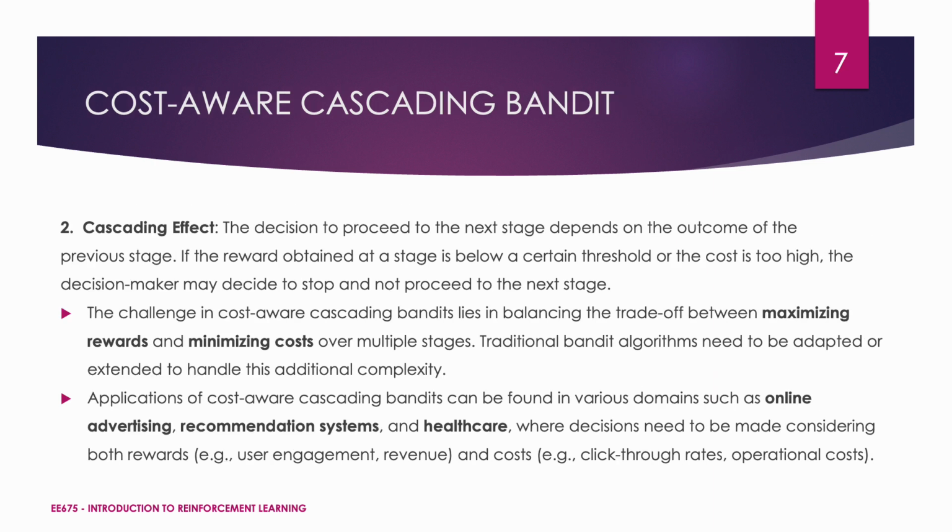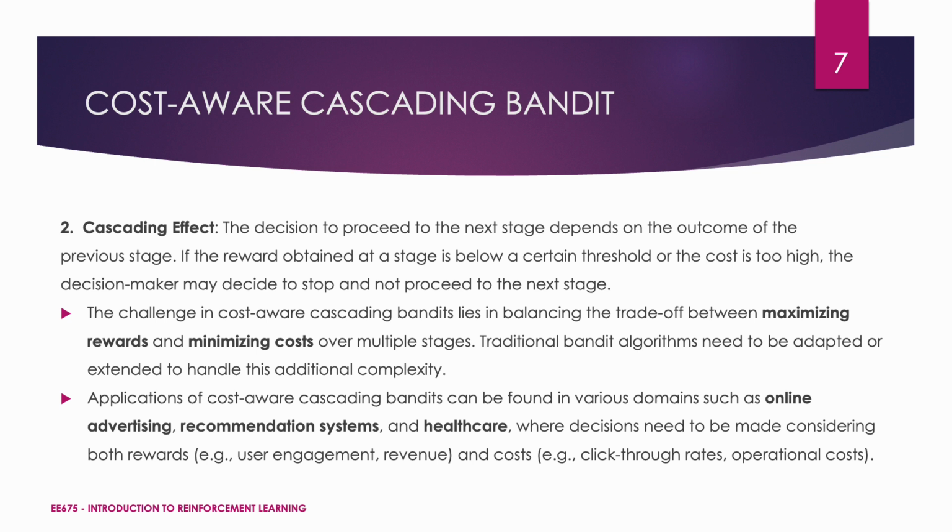Secondly, we have the cascading effect in cost aware cascading bandits, where decisions at each stage are influenced by the outcomes of previous stages. Now, if the reward is below a certain threshold or the cost is too high, the decision maker may choose not to proceed with it, which is okay.